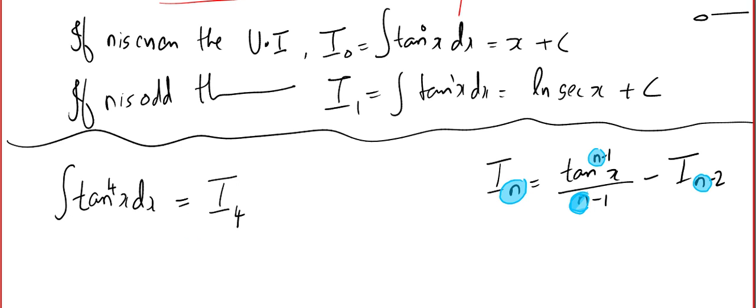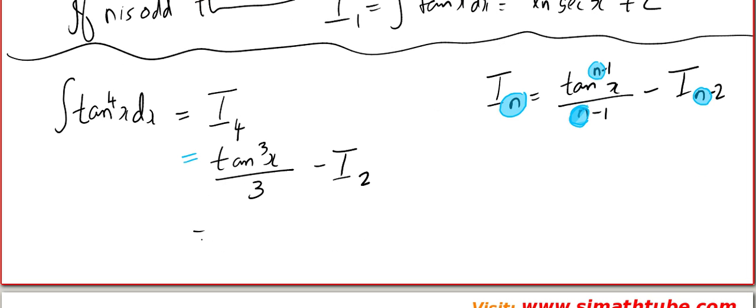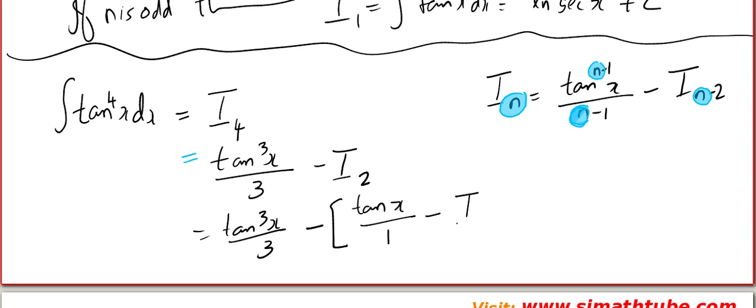Now look at this. Suppose I want I_4. So I replace n with the number 4. So I get tan to the power 3 x by 3 minus I_2. This will be tan to the power 3 x by 3 minus, I want I_2, so put a bracket. Now I have to replace n with 2. So tan to the power 2 minus 1 by 2 minus 1 minus I_0.